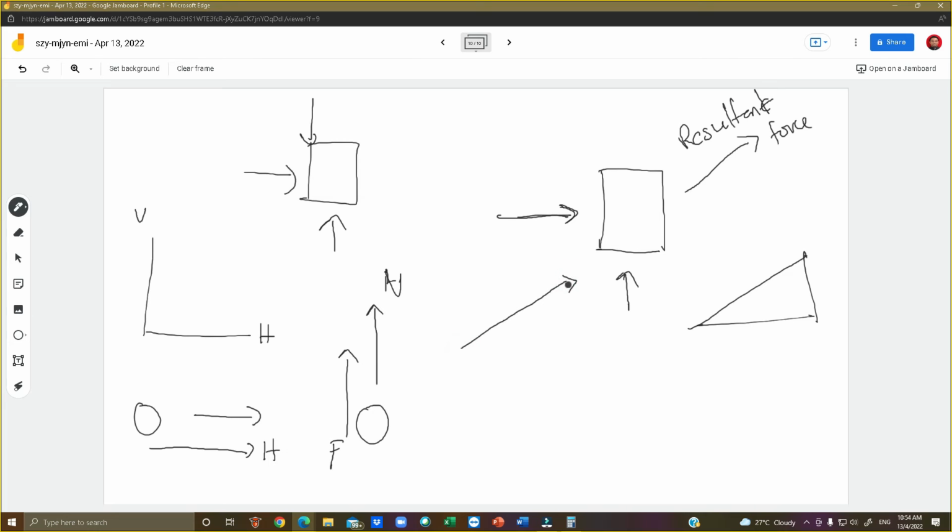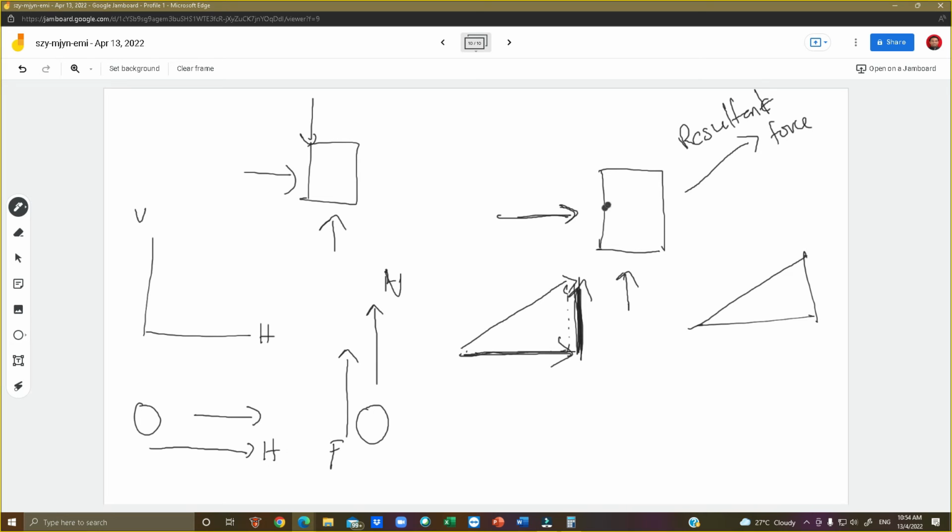How about this? We give a diagonal force. How do we give a diagonal force? It means we need to give a horizontal force of this amount and a vertical force of this amount. We push it diagonally, forward and upward.